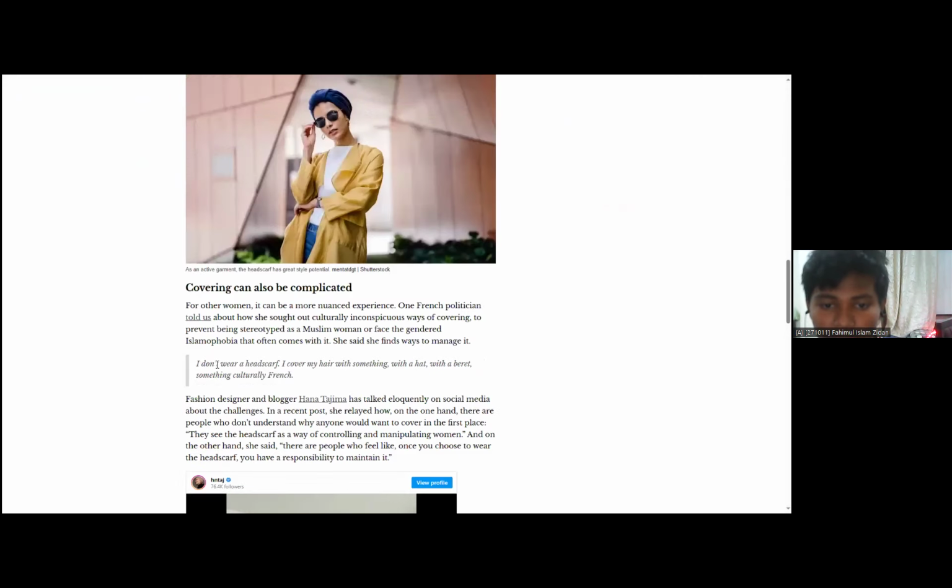Also, someone says, I don't wear a head scarf, I cover my hair with something, with a hat, with a beret, something culturally friendly. So wearing hijab is wrong, but wearing a head cover or eyes with glass is not wrong. Then we can clearly see it is undemocratic between two religions.